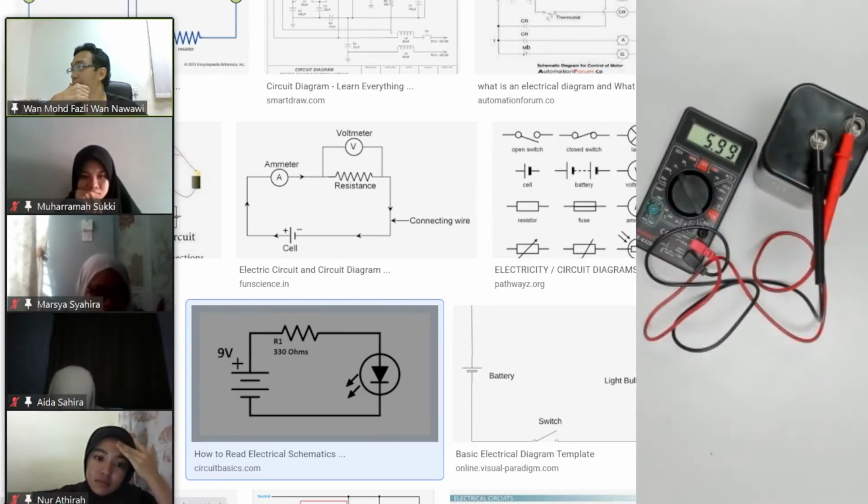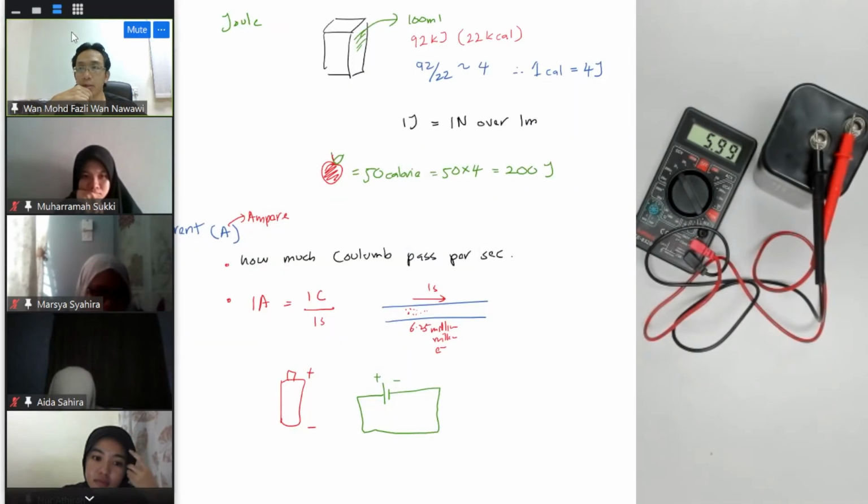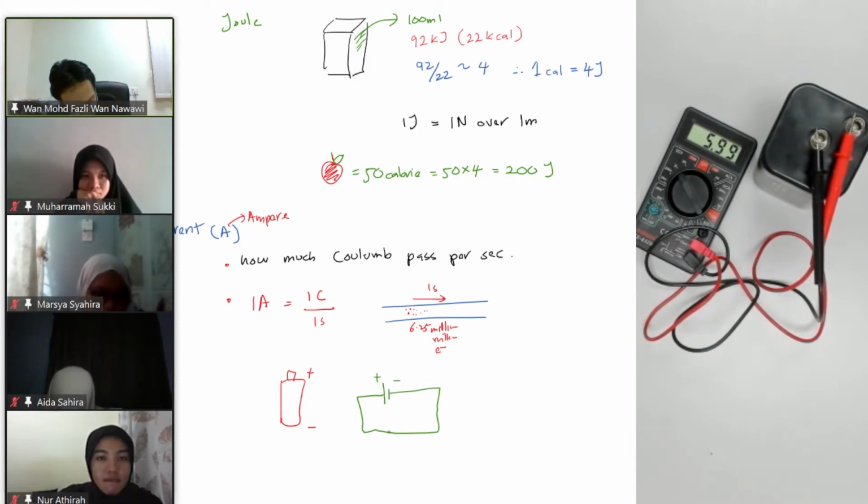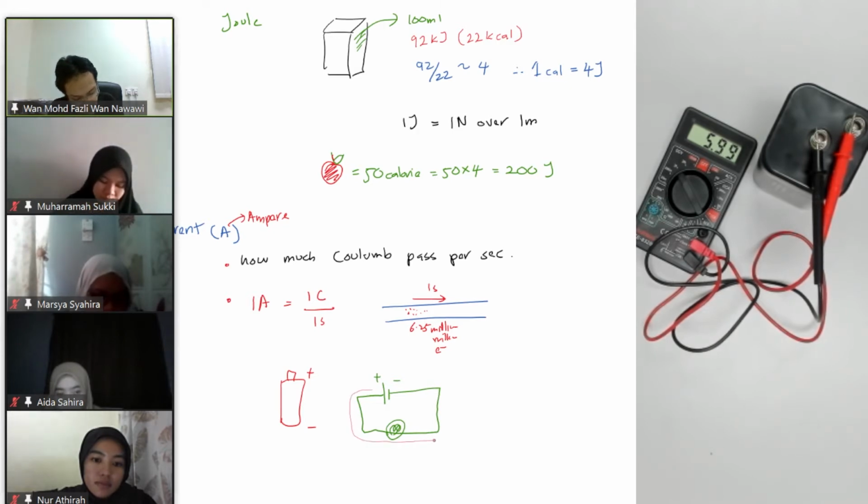So let's go back here. So basically you have that thing, the polarity is like that. If let's say you have a lamp there, when you read the circuit, you say that the electric flows like this. But you know that the electron is moving, right?